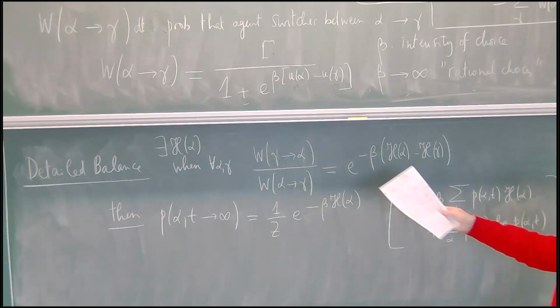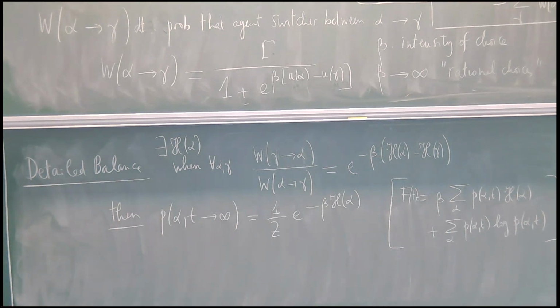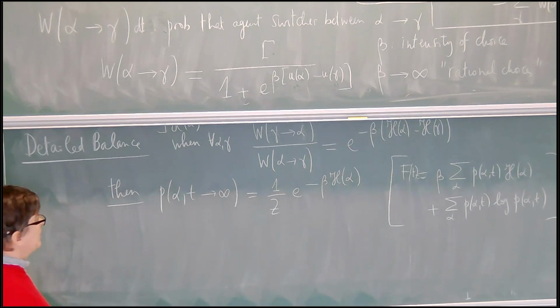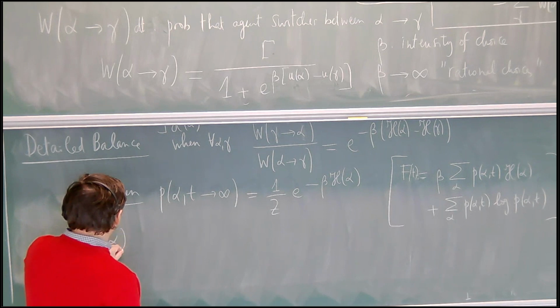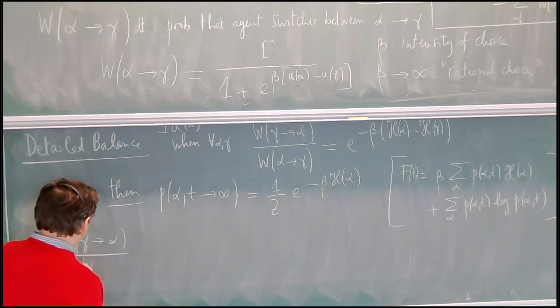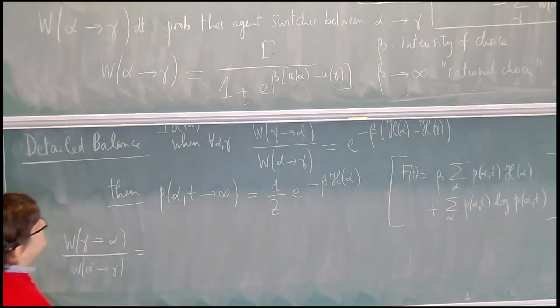So why is this choice made by people in choice theory useful? Well, because now let's compute W of gamma to alpha divided by W alpha to gamma for this particular choice of transition rate.